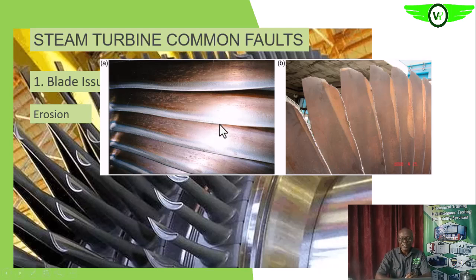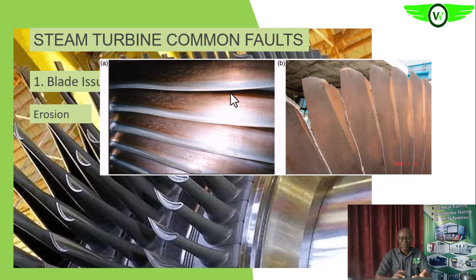Are we getting it? And that thinning will reduce the strength of the blade, and that will result in other problems on the blade, and will also affect the efficiency of the blade. So erosion, what can actually cause erosion?